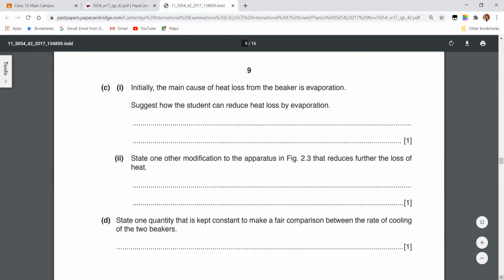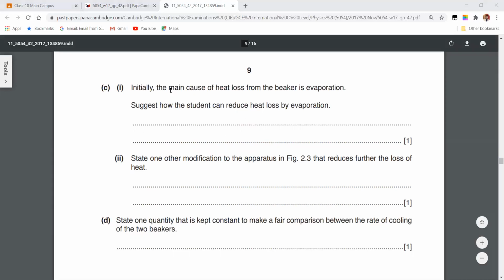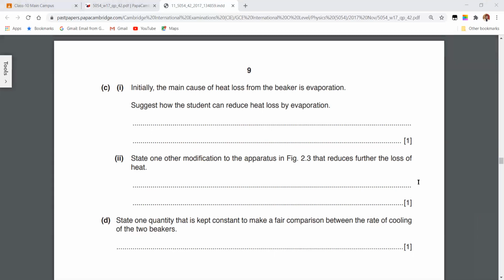Morshi, C1. Morshi, you read. Yes, sir. Read, please, and tell us the answer. Hello, sir.